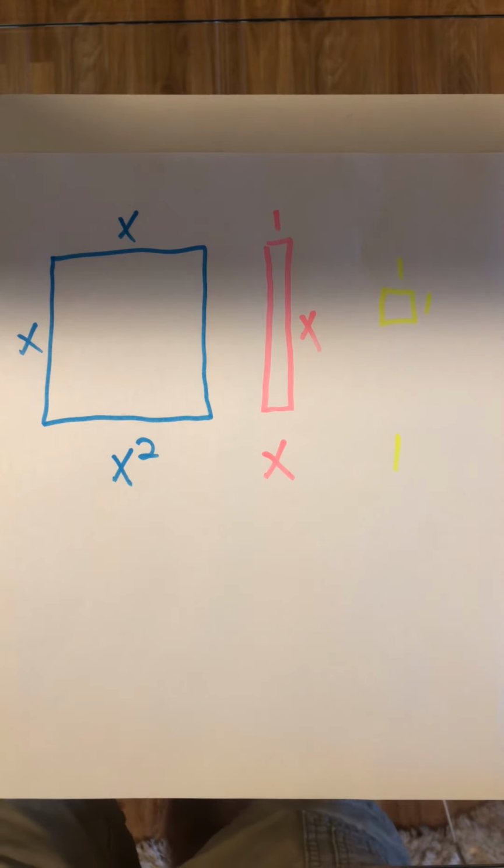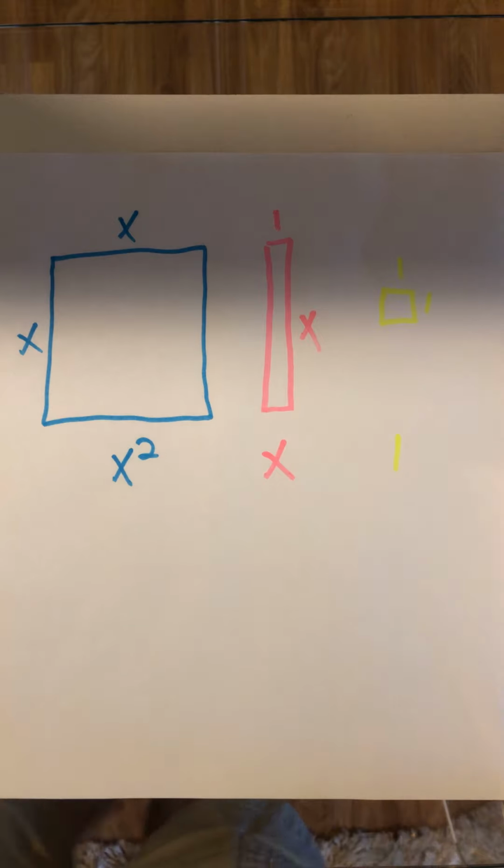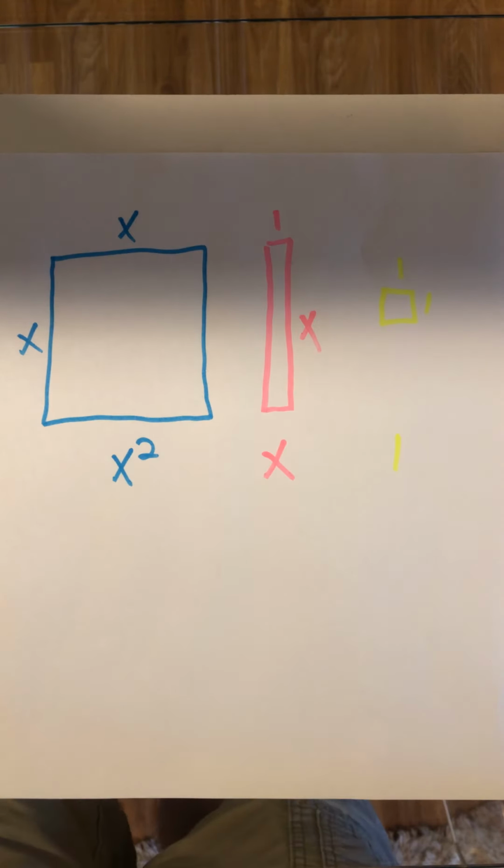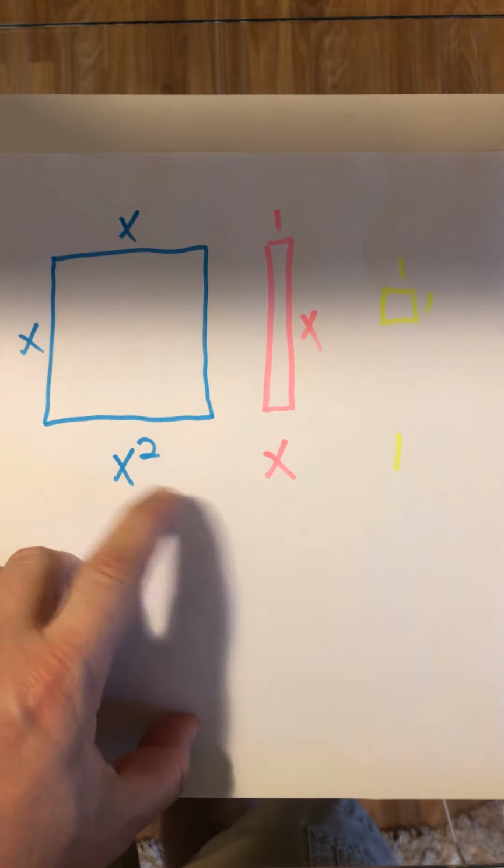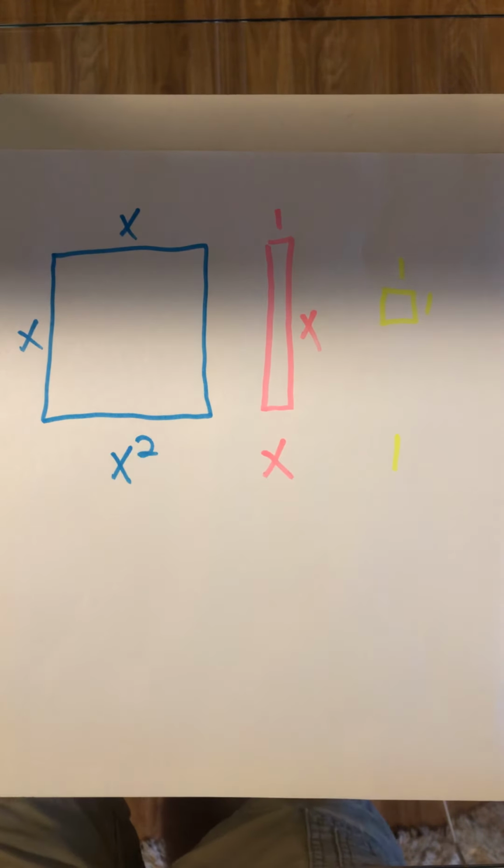The pink one next to it is 1 by x, 1 unit by x units long. So the area of that would just simply be x units. And the yellow block is a 1 by 1 square. So as you can see, if I look at this as a quadratic, I could say x squared plus x plus 1, if I put all that together.